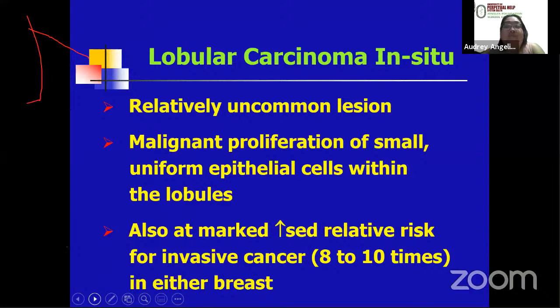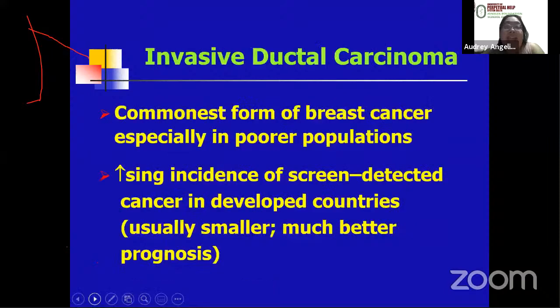So this would be proliferation of your small uniform epithelial cells within the lobules. This would have an increased risk for invasive cancer in either breast. So this is the most common form of breast cancer, especially in the lower socioeconomic class. So this is increased incidence of screen-detected cancer, especially in developed countries.